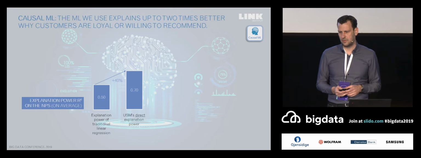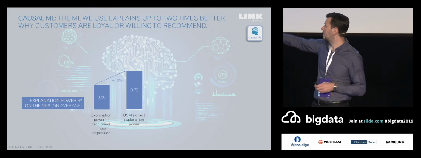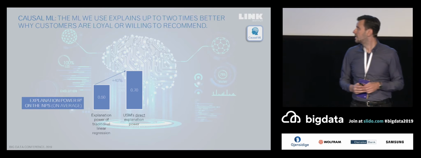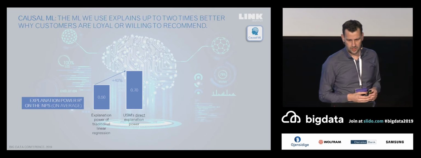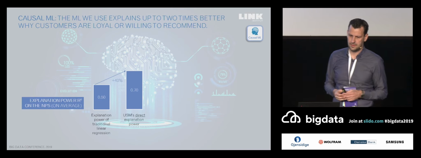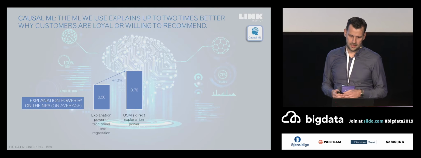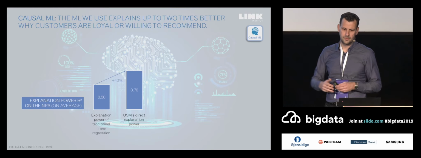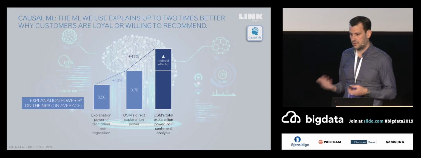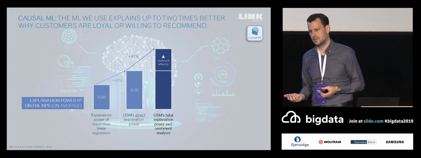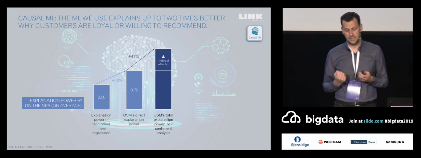The explanation power of the approach of this USM, the Universal Structure Modeling approach you see on the right, is on average about 40% better than traditional types of analyses. And by including the sentiments that we derived from the NLP procedure, as I explained before, there are also indirect effects that you can consider, and there are also indirect effects by the latent variables that you can find out about.